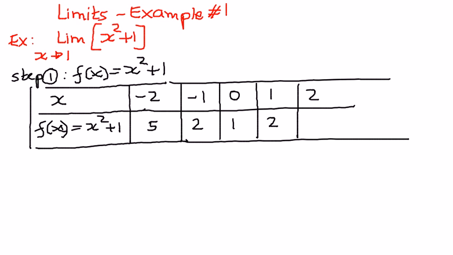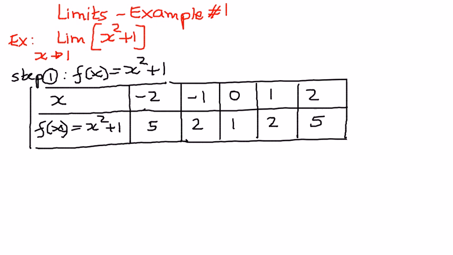When the value of x is equal to 2, 2 squared plus 1 is going to be equal to 4 plus 1, that is going to be equal to 5. So this is how we construct the table of values as far as the graph is concerned.